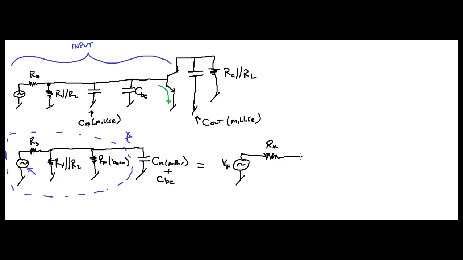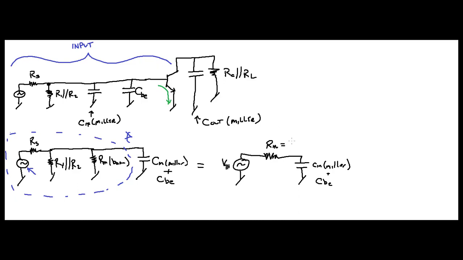And then this would have a capacitor right here, and that's what we just talked about. So this would be Cn Miller plus CBE, right? And this Rn is going to be a long one.